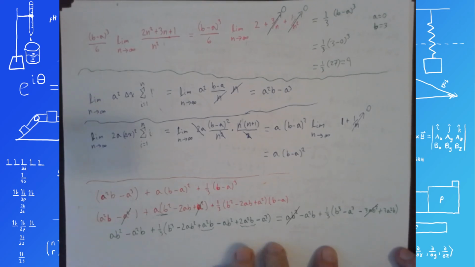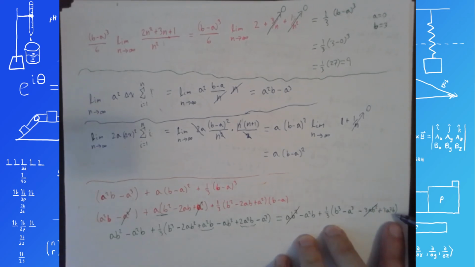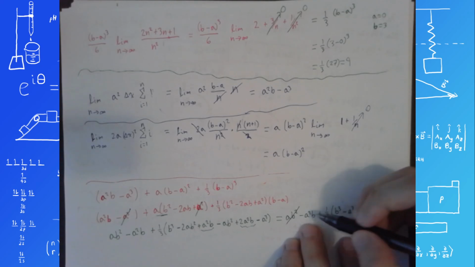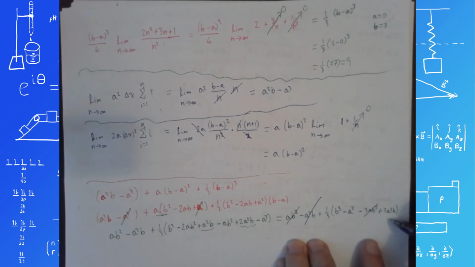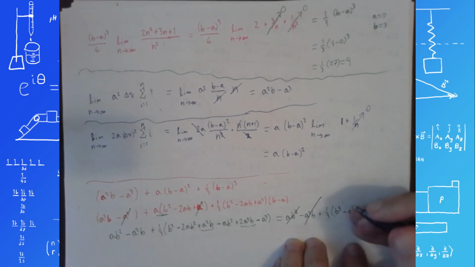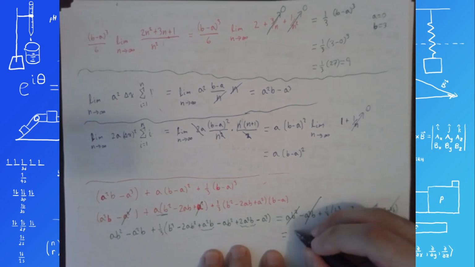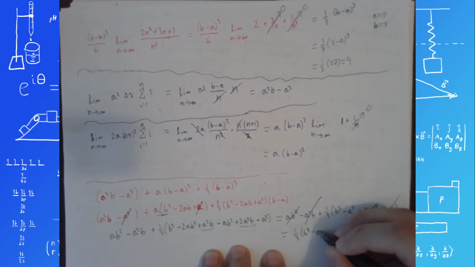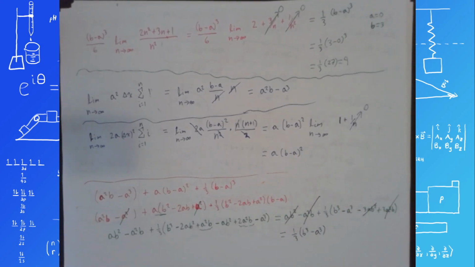And similarly, 1/3 of 3a squared b minus the a squared b on the outside, those also cancel out. And I do indeed end up with 1/3 of b cubed minus a cubed. Okay, perfect.